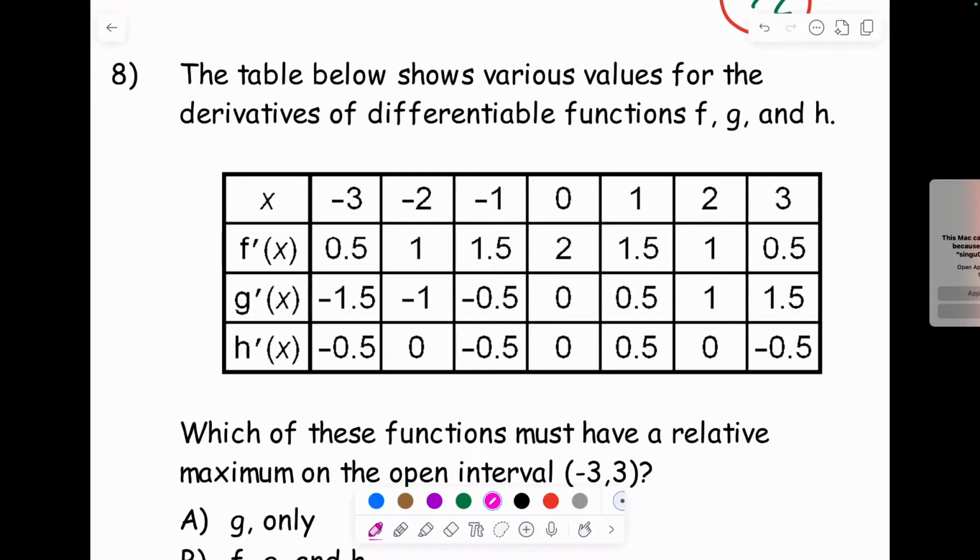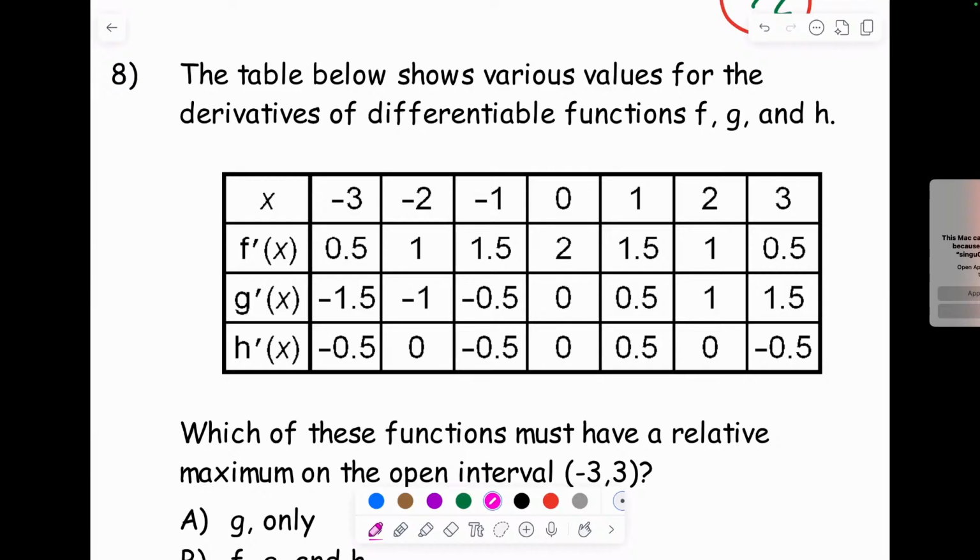If so, where do you think it happened? If it has a relative maximum, where did it happen? Which one has a relative maximum? If so, at which x value did it happen?